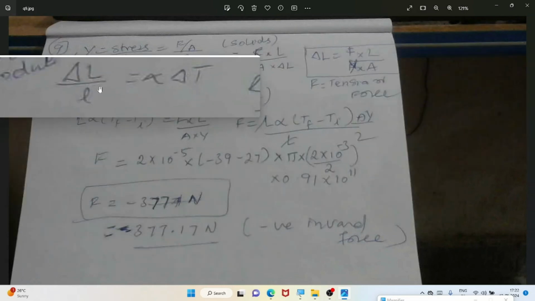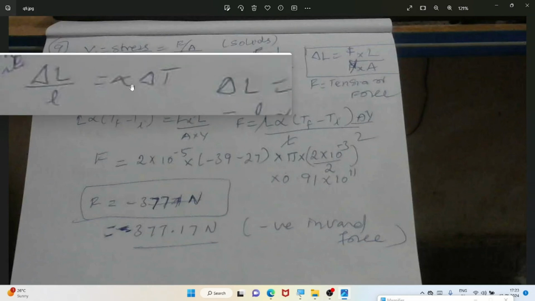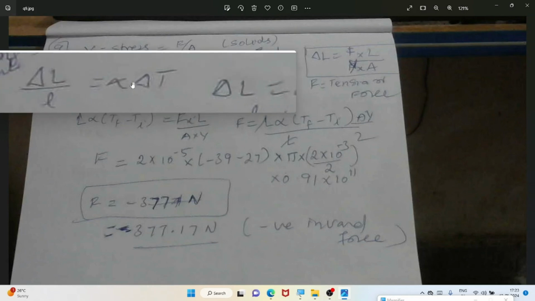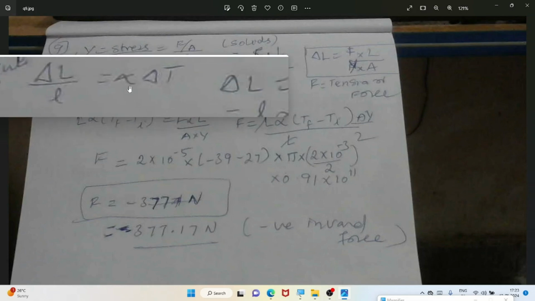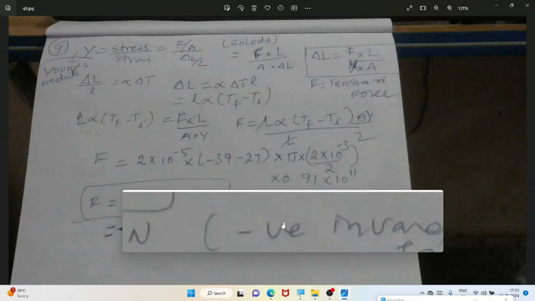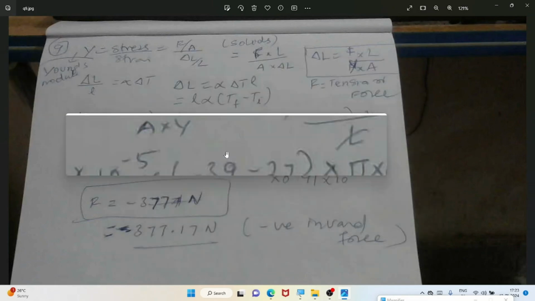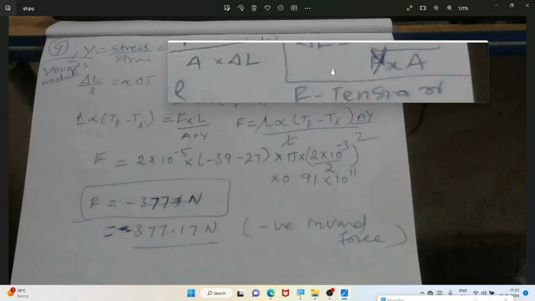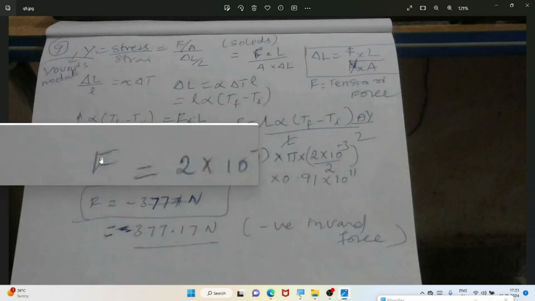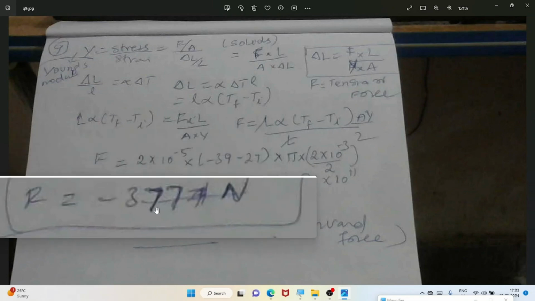Now there is another formula here: delta L by L equals alpha delta T, where alpha is the linear expansion coefficient. So from here you find delta L. Now we have to equate this equation with this equation, and from that you find the force.